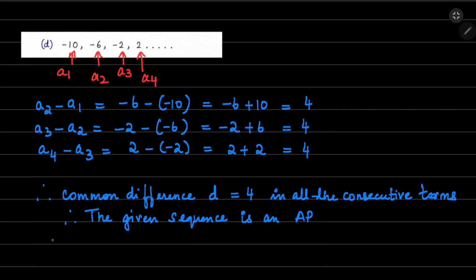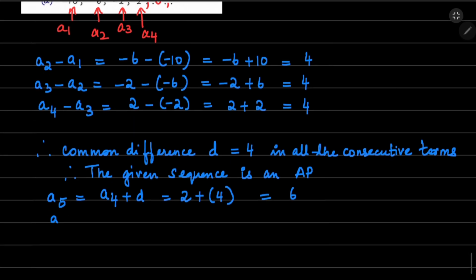Now let's calculate the next. What will be A5? Therefore, the next term A5 will be equal to A4 plus D. What is A4? Fourth term is 2 plus what is your D? It is 4, isn't it? That's equal to 6. So the next term will be 6. And then what is A6?